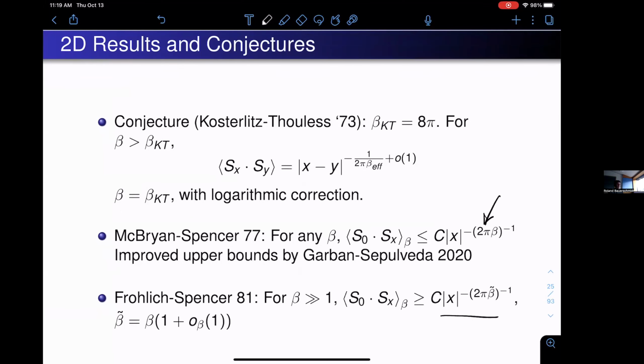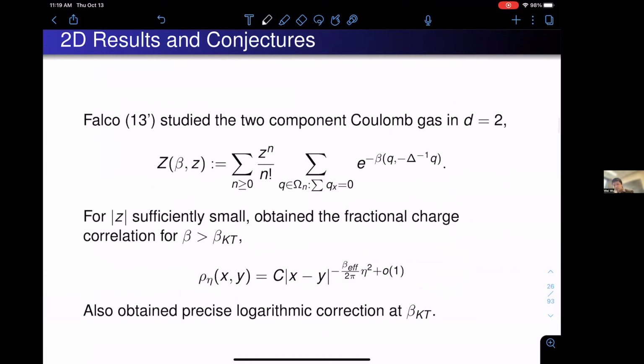So far this is open, and there is some progress in very much related models, not for the XY and Villain model. For example, in the case of the Sine-Gordon and Coulomb gas, which we will see later, there are very nice results by Pierluigi Falco, who actually obtained this power law asymptotics for the model where the temperature is larger than the critical temperature.